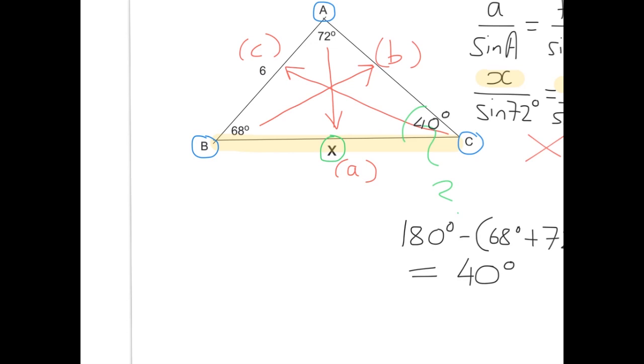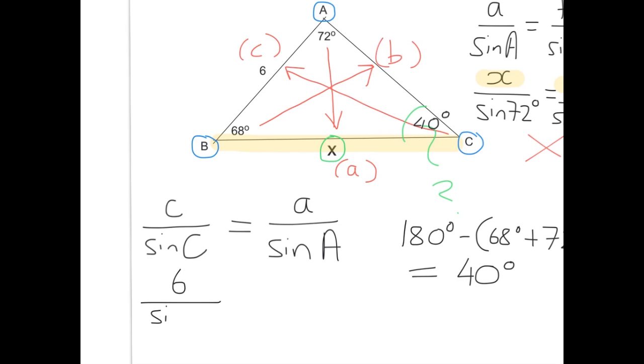So if we look, we have c over sine big C equals a over sine big A. And if we fill in these values from the diagram, we can work out that we have little c is 6 over sine of our new angle 40 degrees is equal to a, which is our unknown x, over sine 72 degrees.